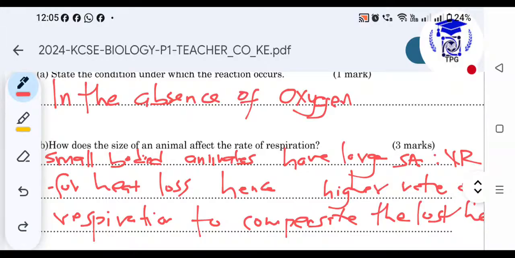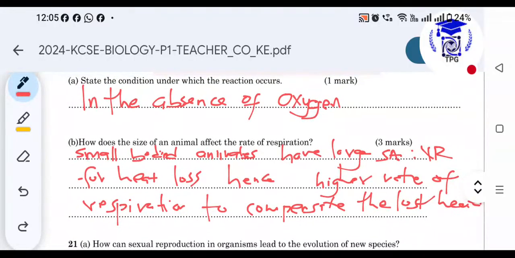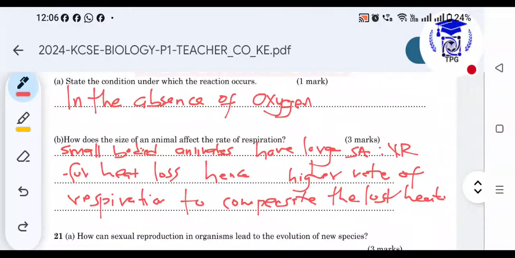I will share this question paper. I will send this question paper to the group, okay? I will share it, don't worry. Let us continue. Is that okay?